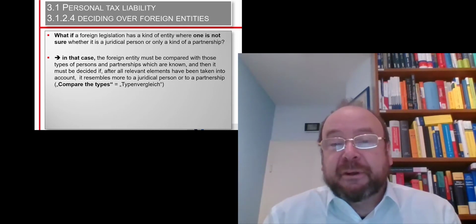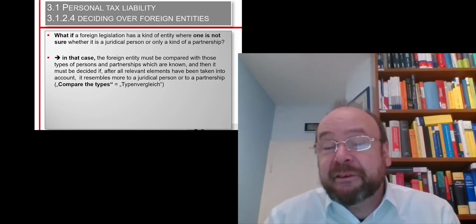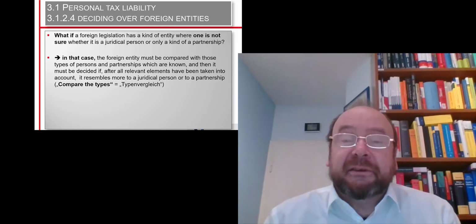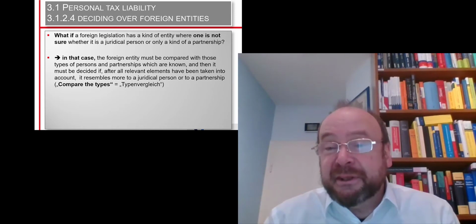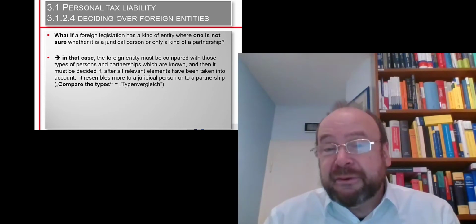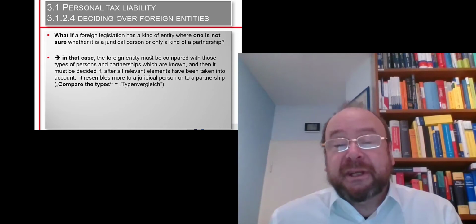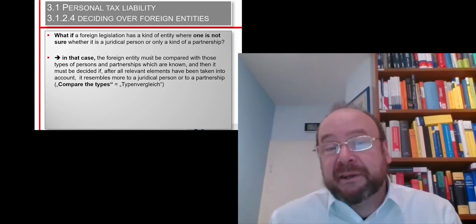So you will have to compare the rules for the foreign entity with the two types: is it more like a partnership or is it more like a juridical person? There will be arguments pro and con, and you will have to see what outweighs, whether the foreign entity resembles more closely a corporation or a partnership.